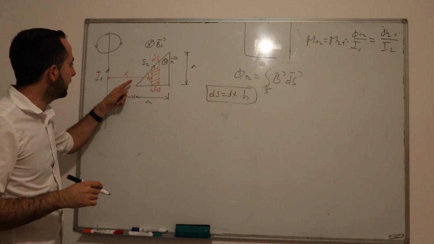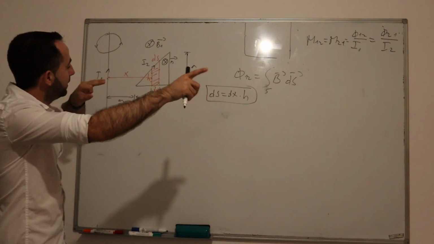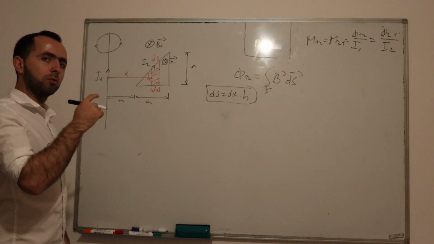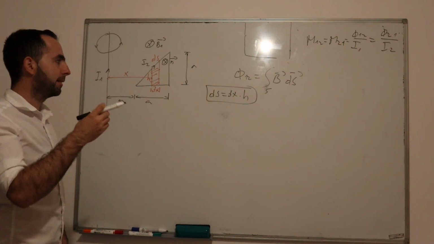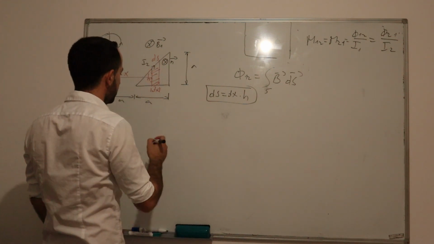But as we can see, the height changes as we are moving along the x-axis. Which means that we need to determine and write the height as a variable of x. So how do we do that?